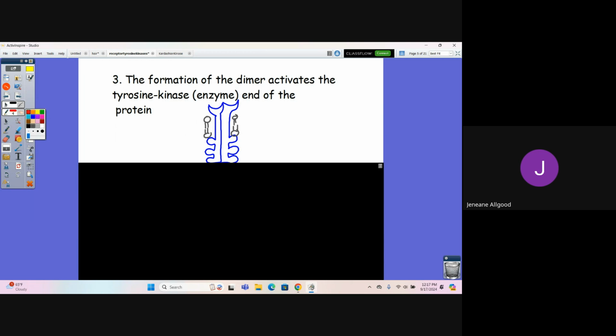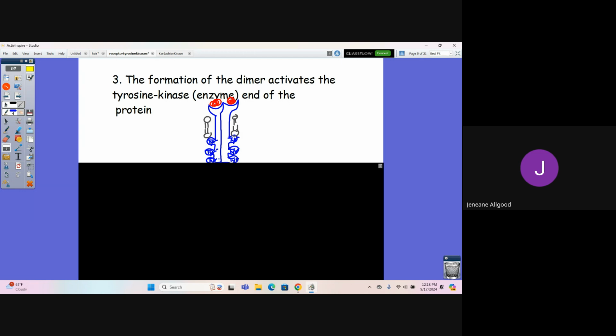Signaling molecule in this case is insulin, so there's your insulin. And I'm going to put TYR for tyrosine in there. I know it's kind of tiny, but there's basically 6 tyrosine kinases on the part facing the cytoplasm.